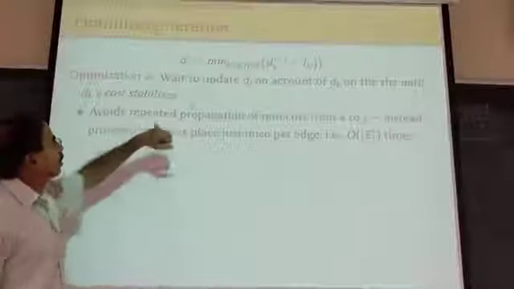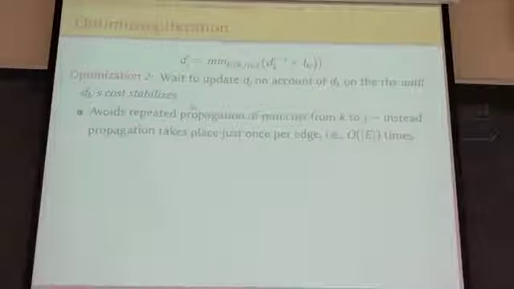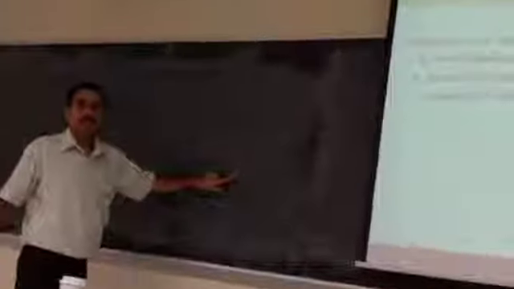The other point is, why don't we wait? Let's take this example. In order to get the lowest cost to v, I need to have computed the lowest cost to u, and then in one edge from u to v, I update the cost to go to v.